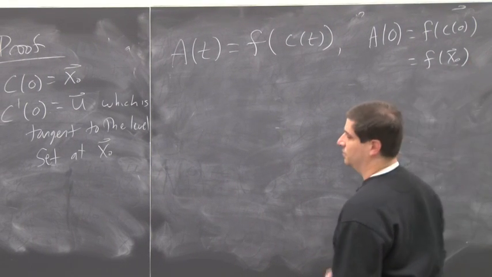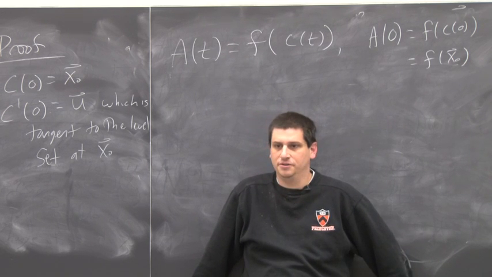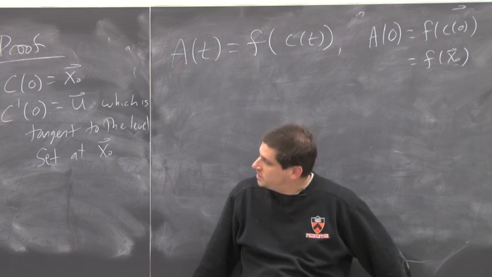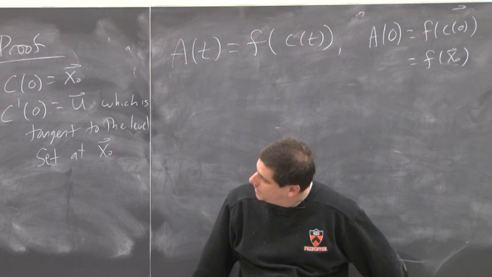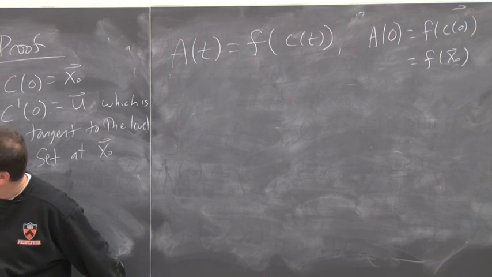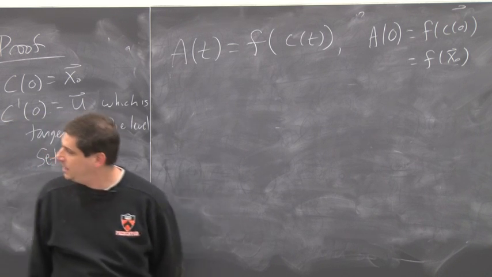And what does that equal? So what's f of x naught? So if you go back to the conditions of the theorem, I have a function f from Rn to R. S is the level set of f, so it's the set of all inputs that evaluate to k.